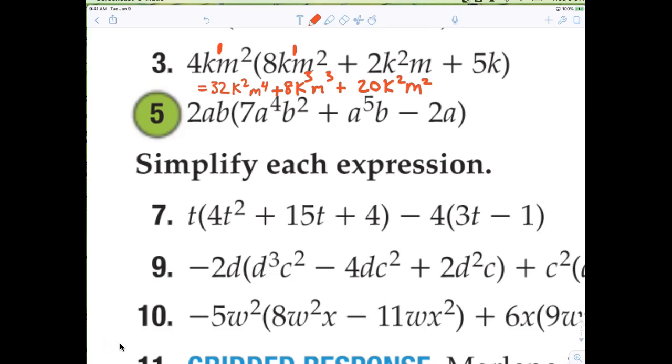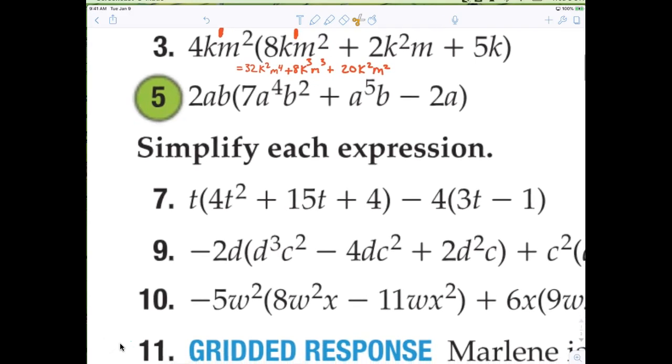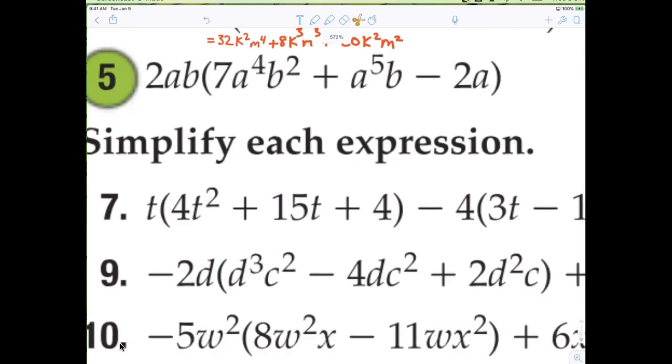All right, so now let's take a look at question number 5. We're going to go ahead and distribute a 2AB. Will, tell me. 14 A to the 5th.